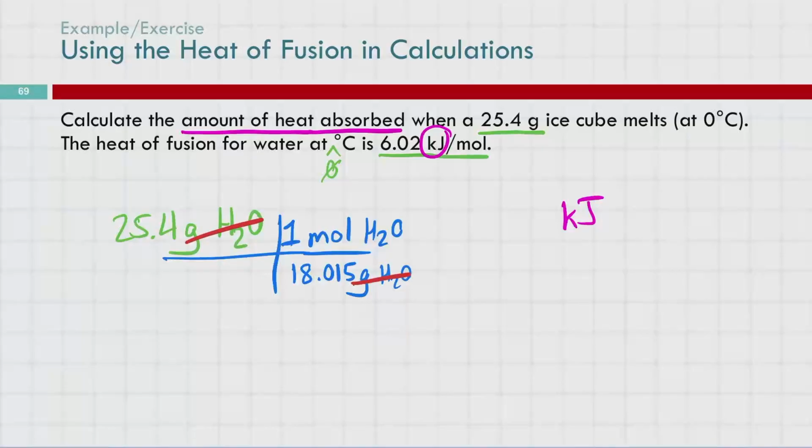Okay, so we do that. Our grams H2O cancel. Now we've got units of moles of H2O. So we do 25.4 divided by 18.015, and we get 1.409 moles H2O.